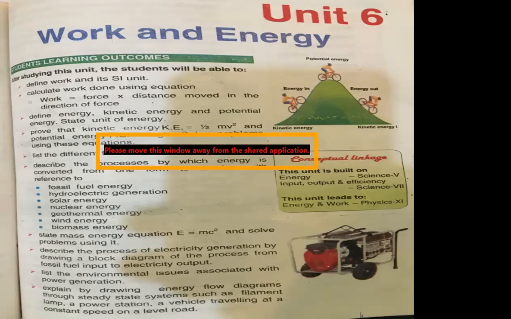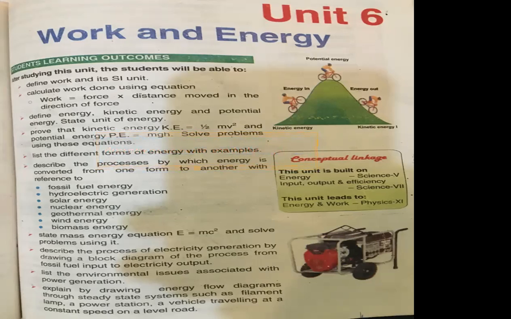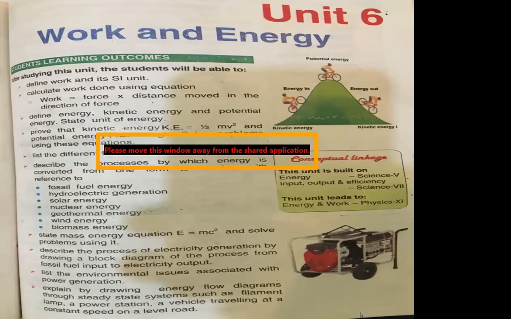The second MCQ: if the direction of the force is perpendicular to the direction of motion of the body, then work done will be. A is maximum, B is minimum, C is zero, and D is none of the above. I repeat, if the direction of the force is perpendicular to the direction of motion of the body, then work done will be.